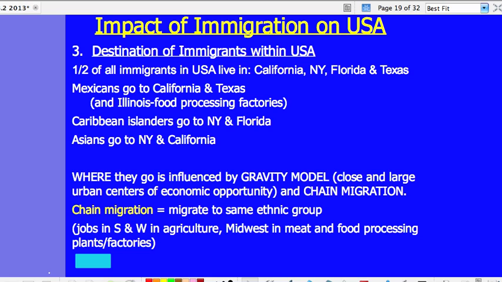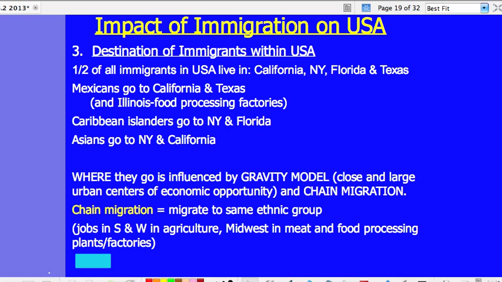Caribbean islanders go to New York and to Florida, close by, and Asians go mostly to New York and California. Where they go is influenced by the gravity model, that they usually go closer, so that would explain Mexicans going to California or Texas, Caribbean islanders going to Florida, Asians going to California.